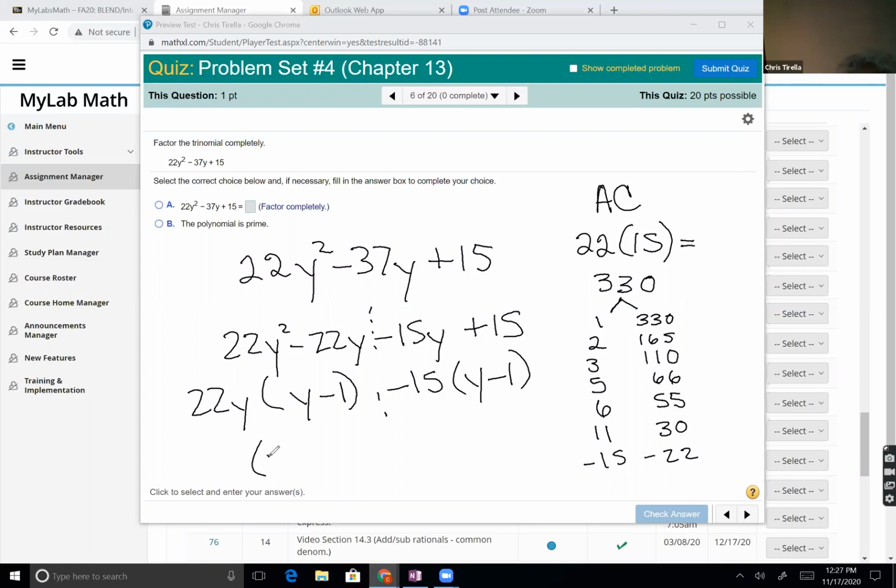And so factored form would be 22y minus 15 times y minus 1. I almost blew that one for you guys. How did I miss the obvious? Because 22 and 15 add to 37, don't they?